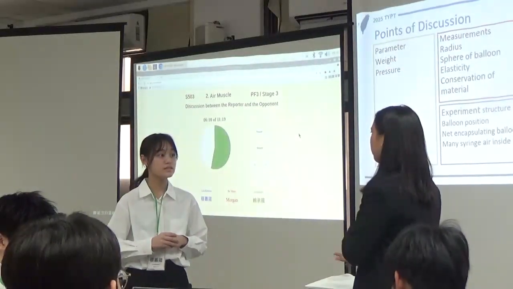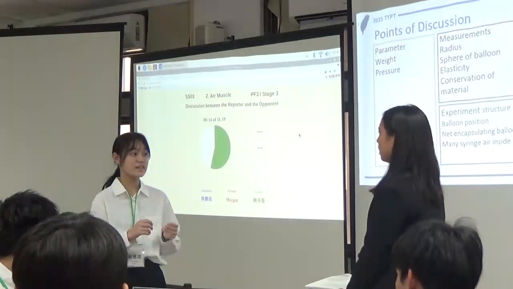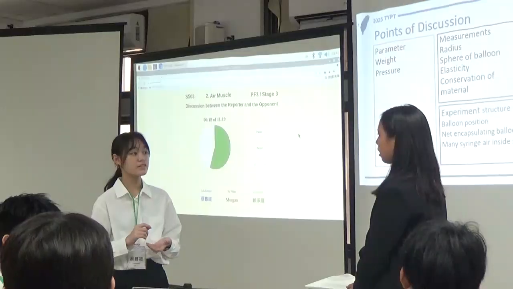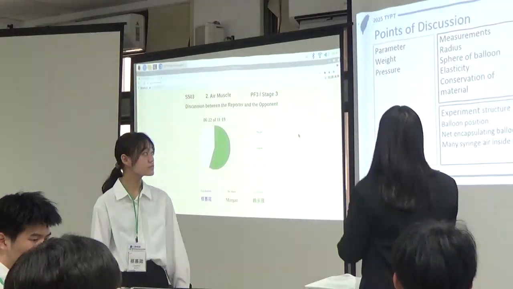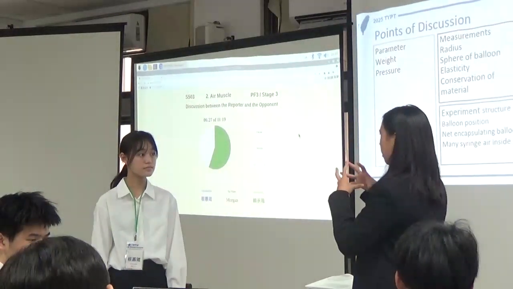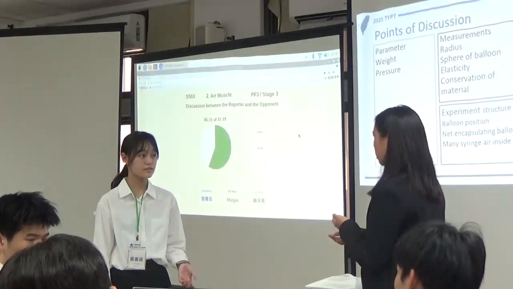Did you account for these? So you mean that the area is changeable? I think it's just minor. Okay, so you're saying that pressure is force over area, and as you add weight, because the balloon changes in its shape, you're not accounting for the area that changes shape. Yeah.